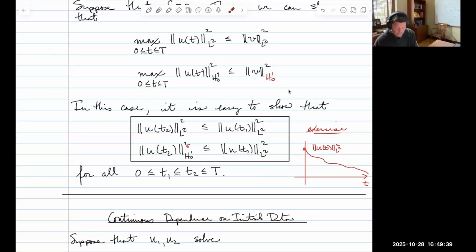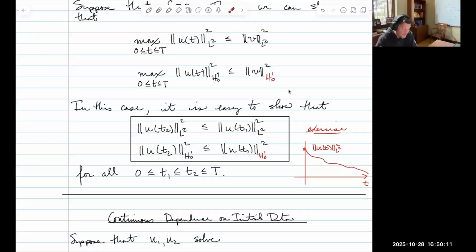Whether it's the square or the square root of that, it doesn't matter. Usually we work with the square, but this is another expression of an energy, and this is a typo too, right? Because that should just be the H01 norm. So the H01 norm of U is also dissipated in time. That's because for any T2, its value is less than the value that we had at the earlier time T1.